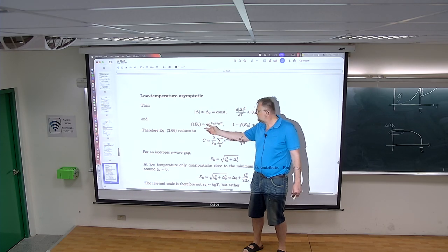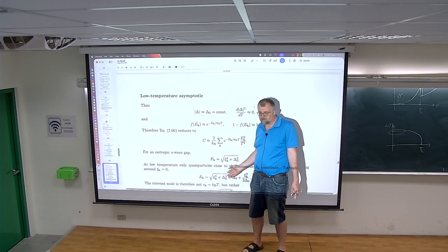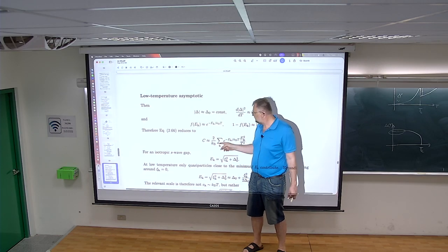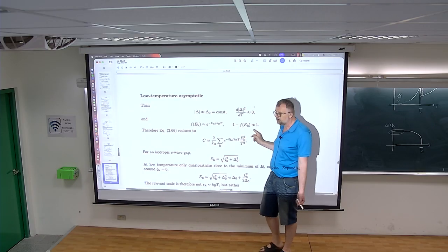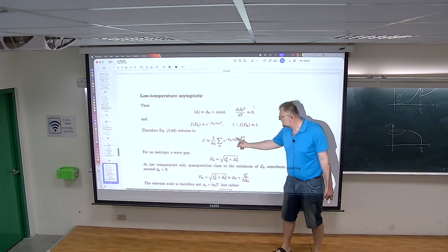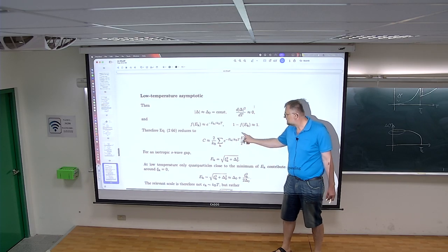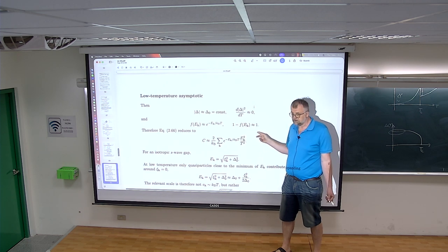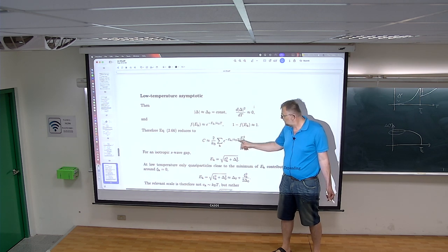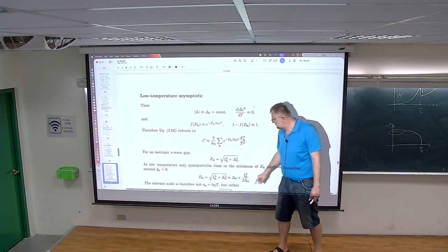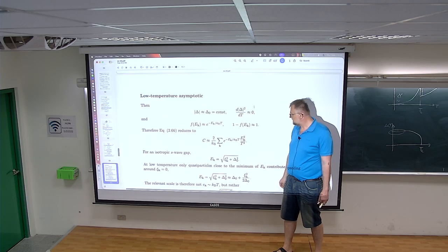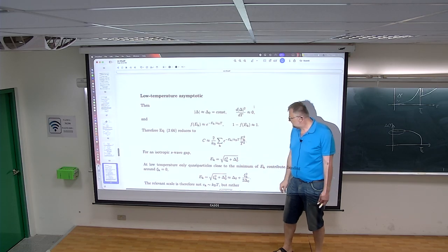So the exponent of minus very large number is 0, so you don't need to care which states matter. And then 1 minus f is roughly 1. So the expression is reducing to this expression, where 1 minus f I can consider as a 1, okay? So we are getting this term. E_k is equal to that, Δ_0 is here, and it's temperature independent.